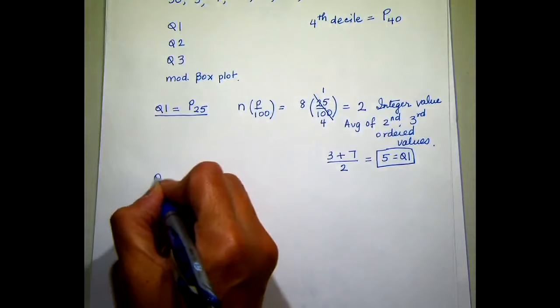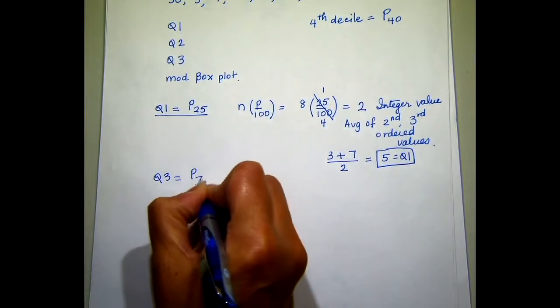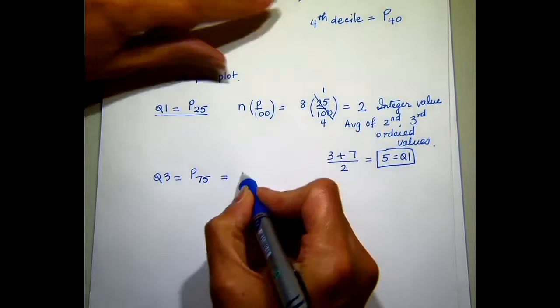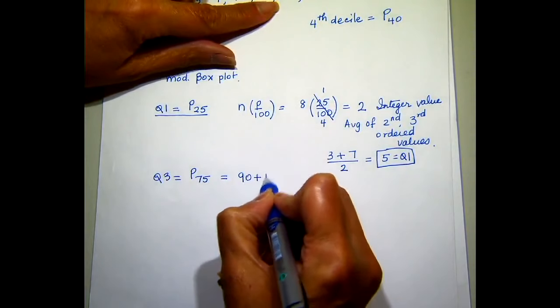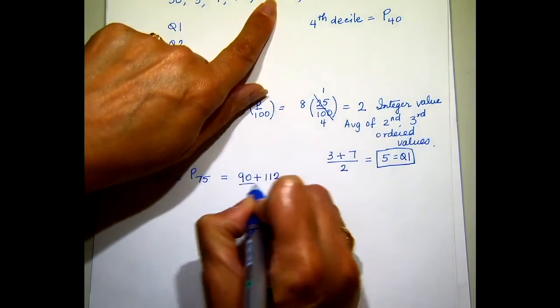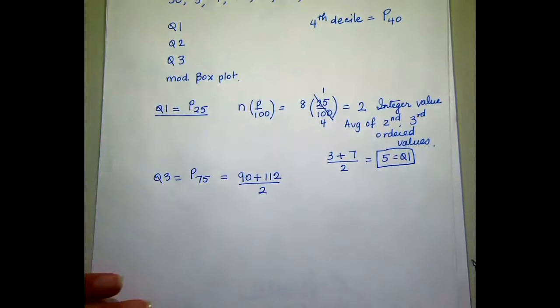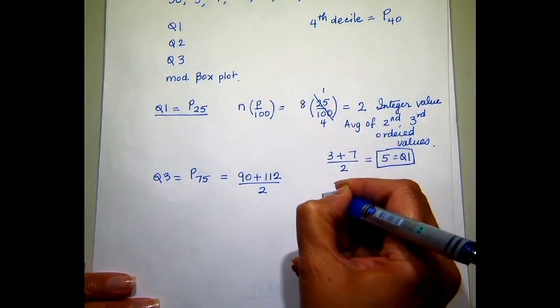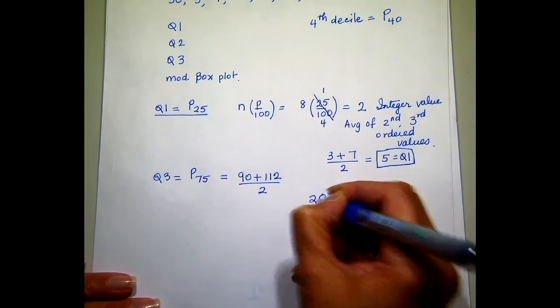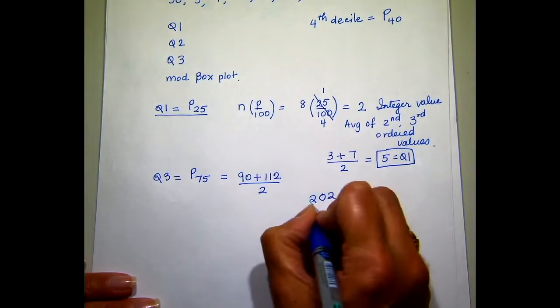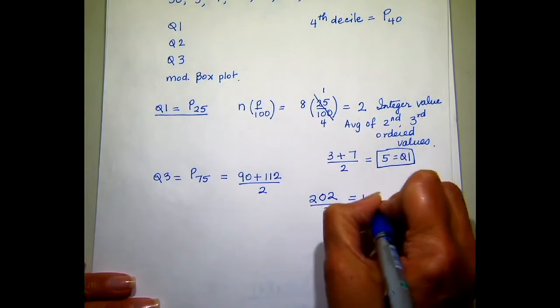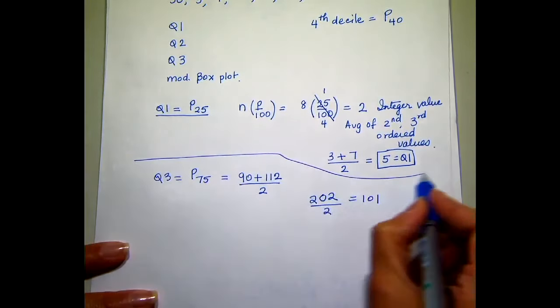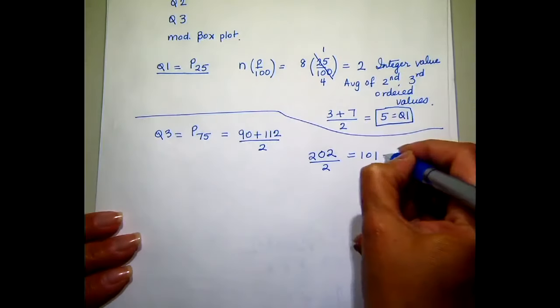So Q3, which is P75, is equal to 90 plus 112 divided by 2. So 202 divided by 2, which is 101, is Q3.